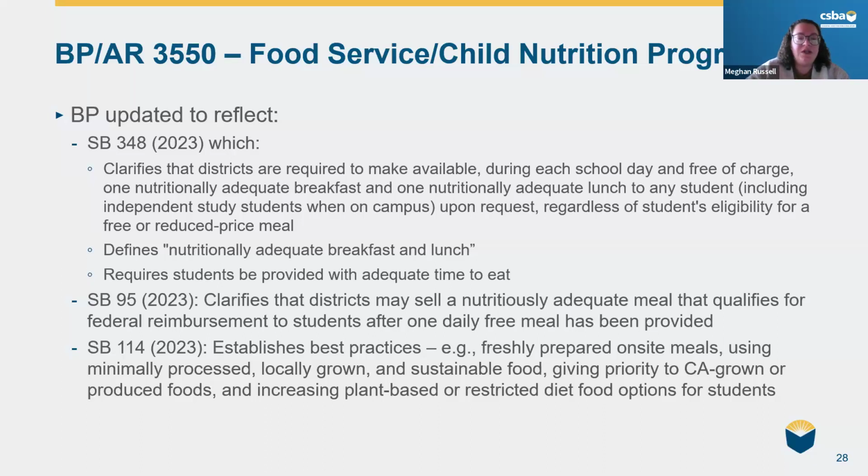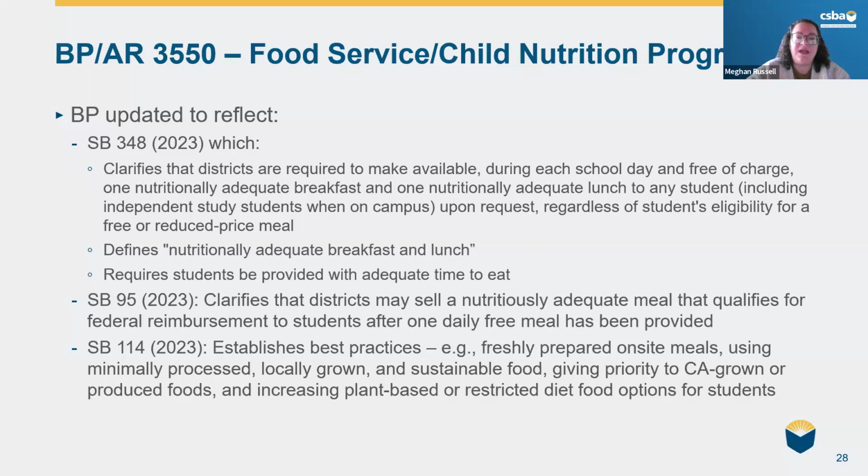And then there's 2 additional bills or laws, SB 95. And again, this is just clarifying something that we had already had in policy, but it's that districts may sell an additional nutritionally adequate meal that qualifies for reimbursement after a free meal has already been provided.